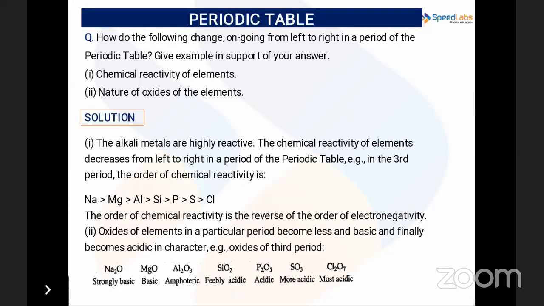Okay, so I hope this is clear with the questions based on the periodic table. There are many more questions to come in the periodic table, so we'll discuss these one by one in the next class also, with their examples.